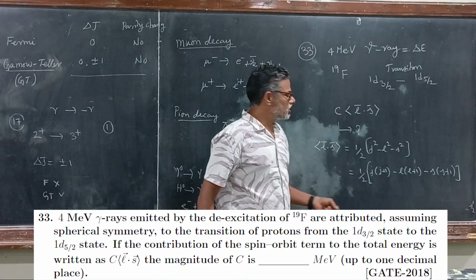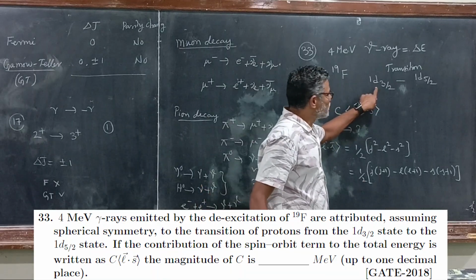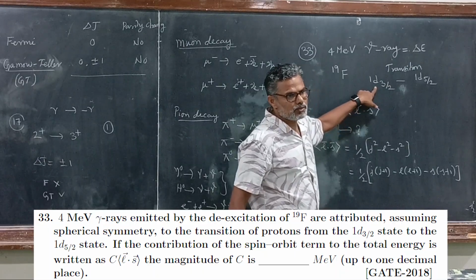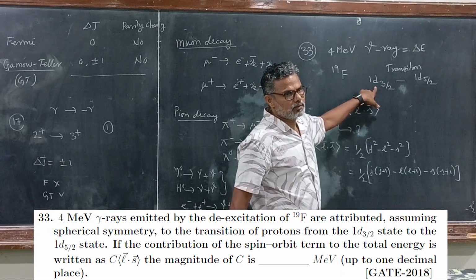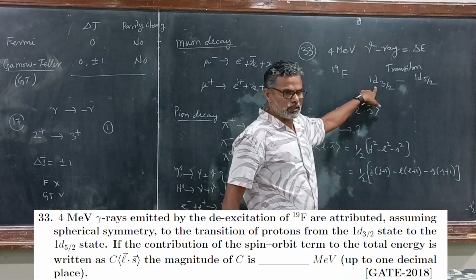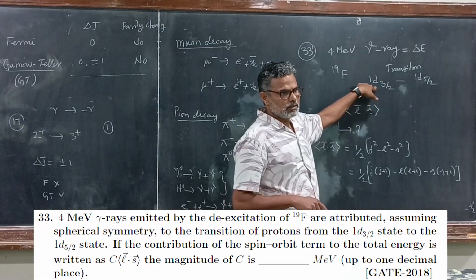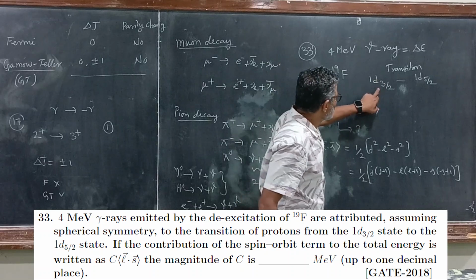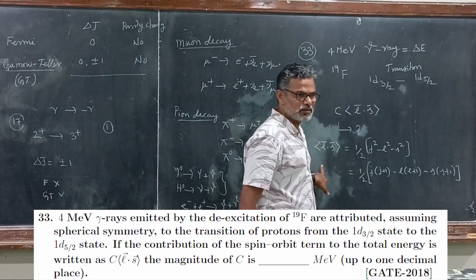So what we need to do is, for this particular term, the L value is what? 2. Is that correct? Because it's a d orbital. And what is the J value? 3 by 2. So we need to find out for this one, what is the L dot S term.